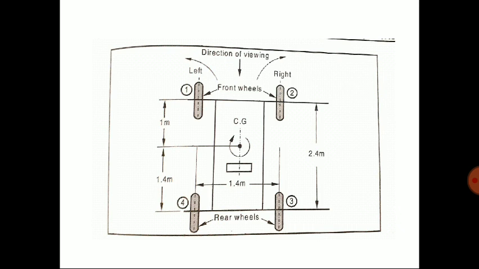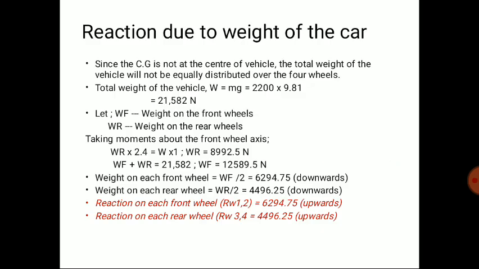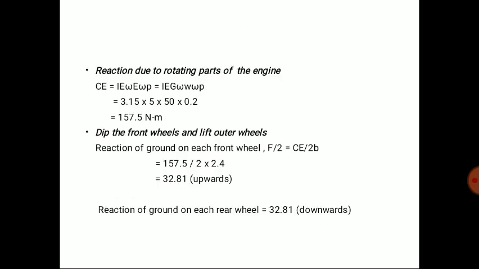The direction of CE means here we are finding the F due to the engine, the reaction due to the engine. And if you are taking the engine, the engine force will always act parallel to the front wheel or parallel to the back wheel. The engine force couple will always act parallel to the front wheel or parallel to the back wheel. So when we are considering the force, we have to take the perpendicular distance.